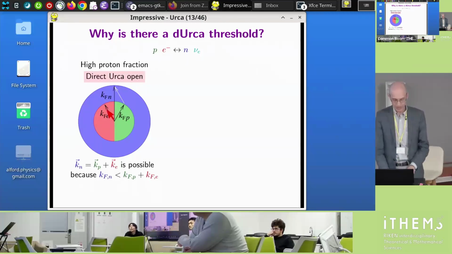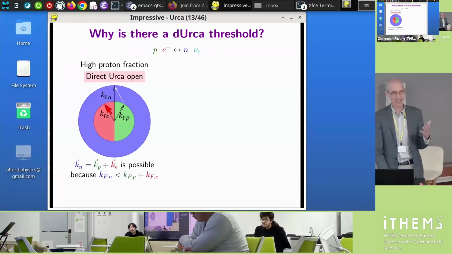And in this case, you can conserve momentum as well, because if you take a proton on its Fermi surface with this momentum, an electron on its Fermi surface with this momentum, you add them up, and you get a momentum that lies on the neutron Fermi surface. So you can indeed make a neutron on its Fermi surface from a proton and an electron on their Fermi surfaces. The momenta and the energies all add up, and you can do the process.